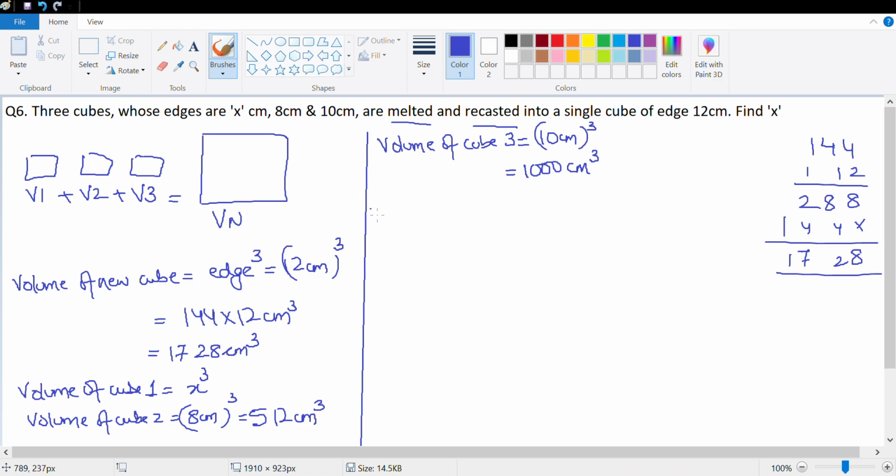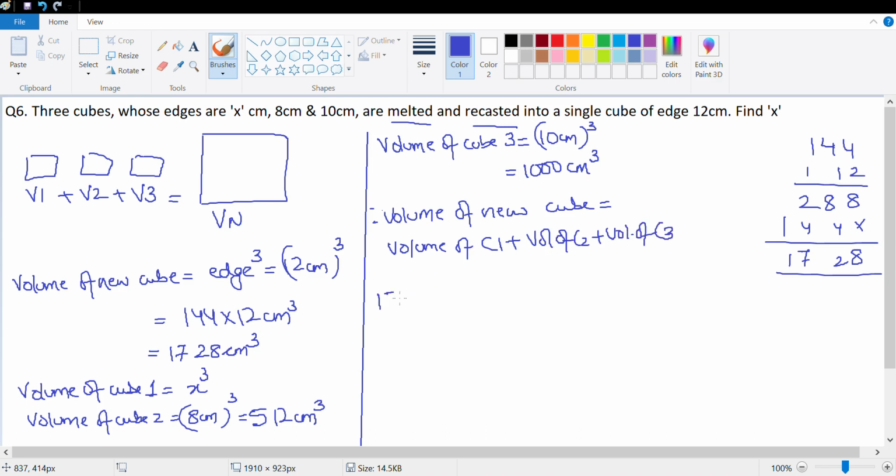Now, since volume of new cube is equal to volume of C1 plus volume of C2 plus volume of C3, let's put this in the formula.